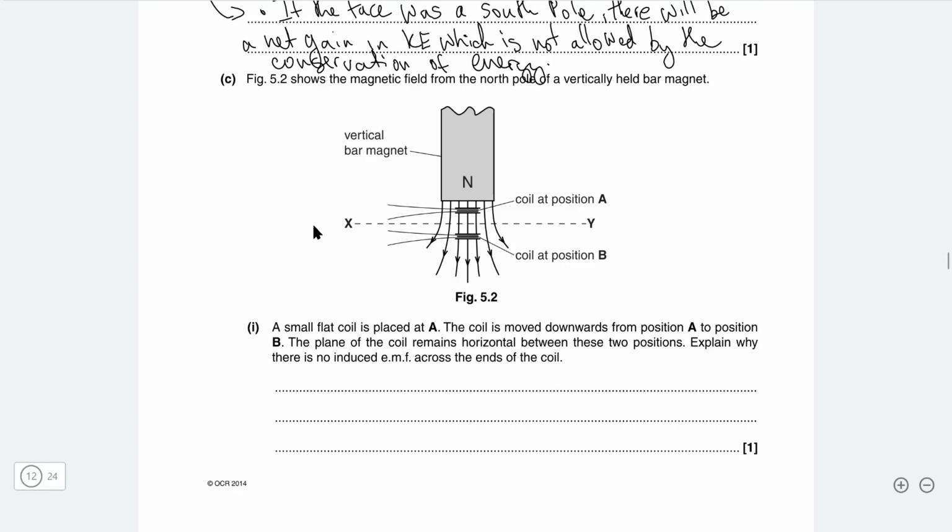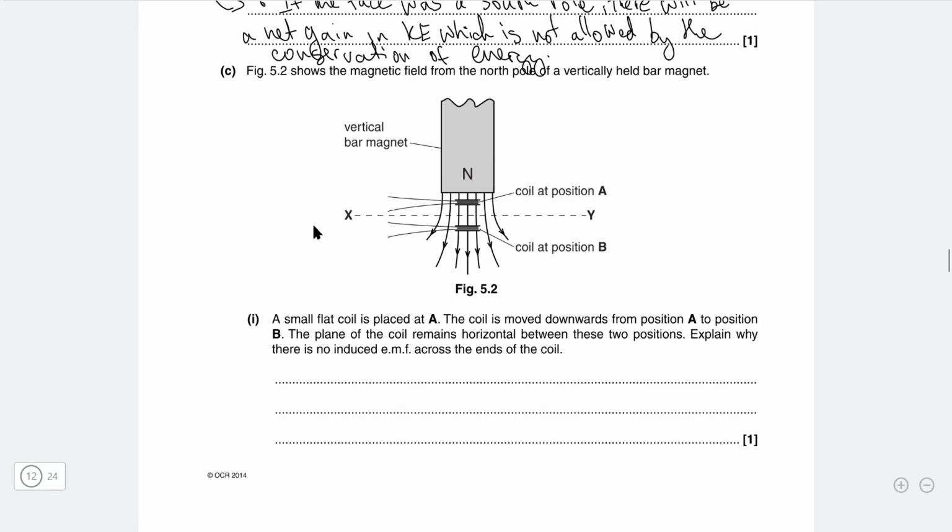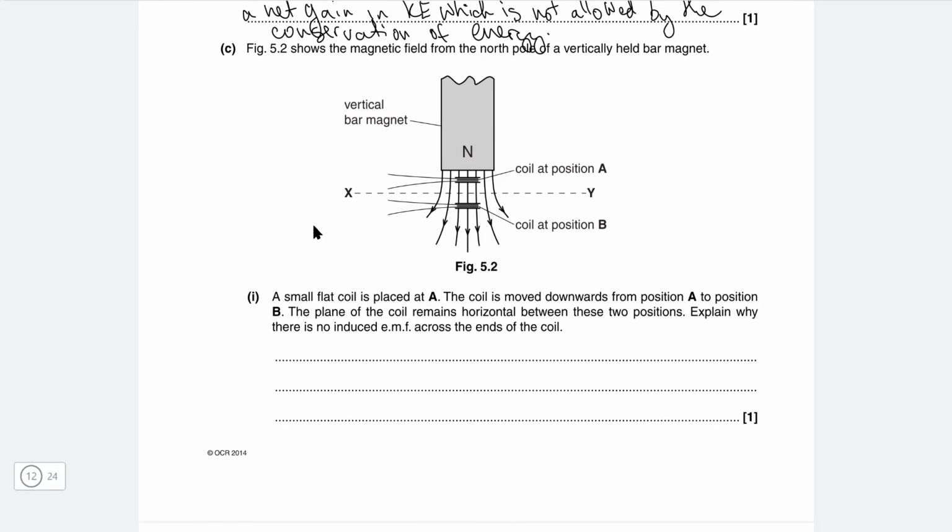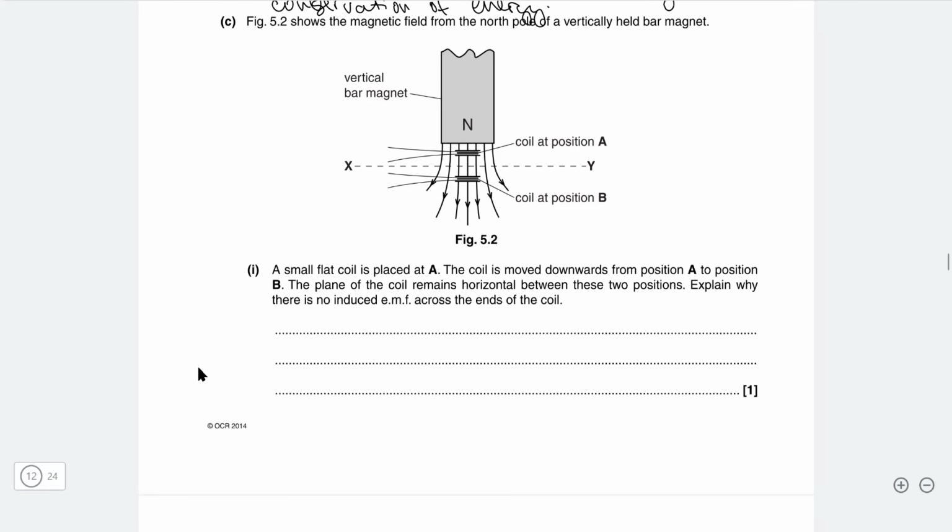Okay, part C, figure 5.2 shows the magnetic field from a north pole of a vertically held bar magnet, and we have some coils over here, but crucially this question is asking us to explain why there's no induced EMF across the ends of the coil. No matter the situation, the only explanation of this is that there is zero rate of change of magnetic flux linkage.